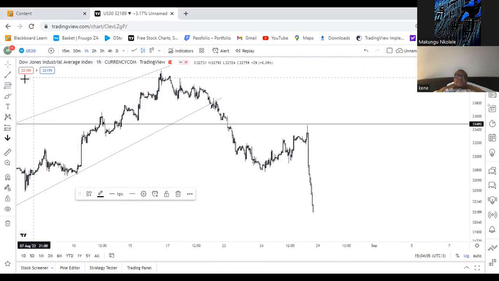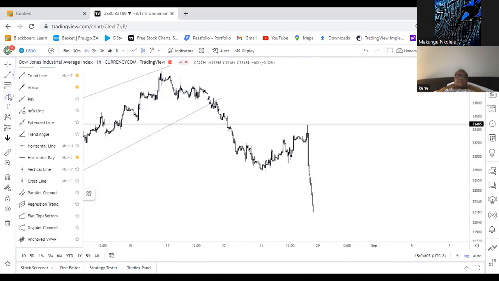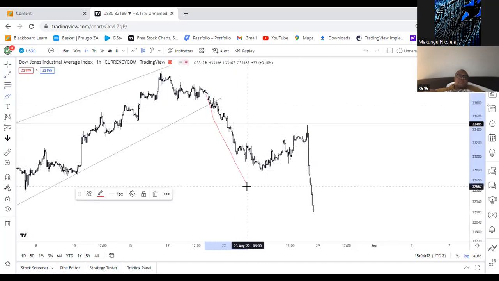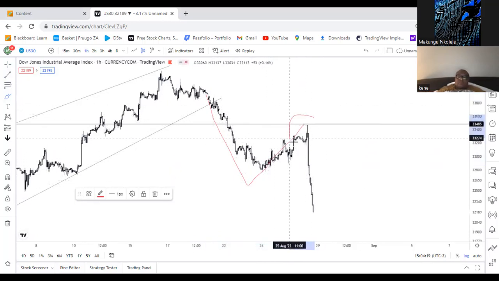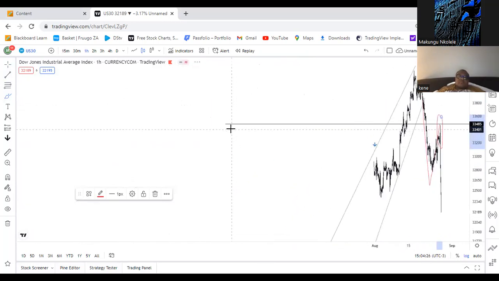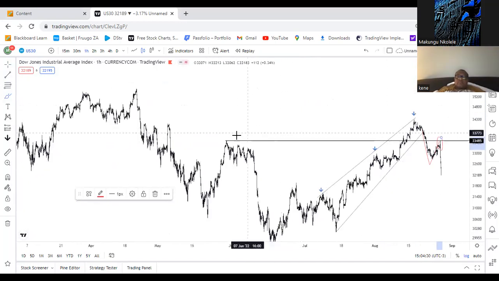Yeah. So you can see that our trend went from the third touch, rejected all the way back inside the horizontal ray, went back up, and it rejected on the previous high, which is this point right here.